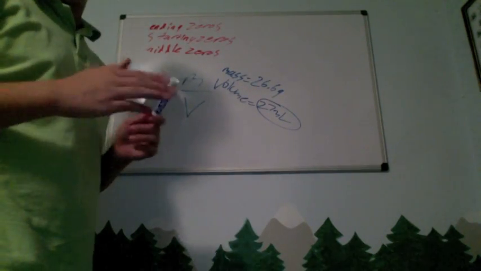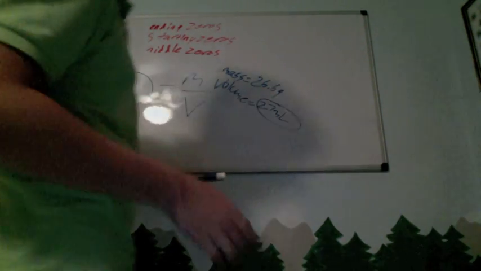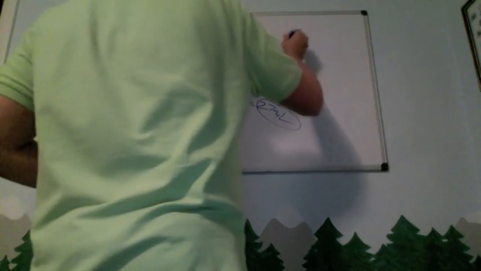So volume has 2 significant figures, so therefore my answer has to have 2 significant figures. So my answer will be 26.6 over 27, calculate it. My answer will have to have 2 significant figures.